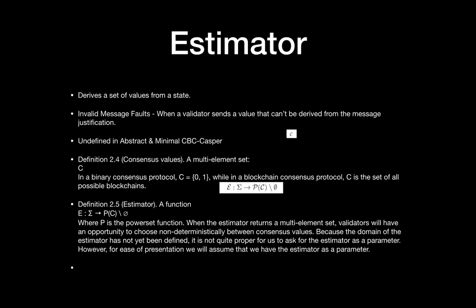Next is the estimator. So we talked about the messages, but then how do the validators come up with the value to propose? So the estimator is going to be a function that basically looks at the state of the validator and derives a set of values that can be chosen for that message.